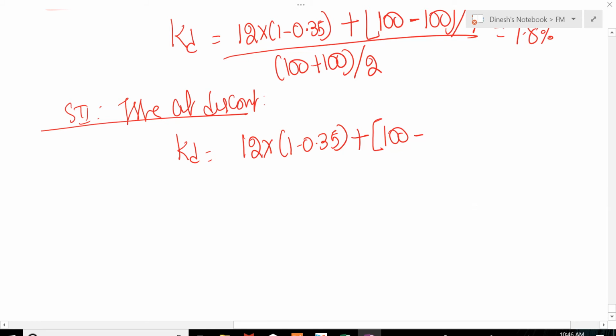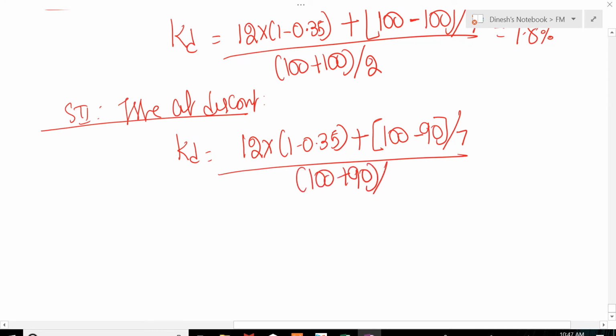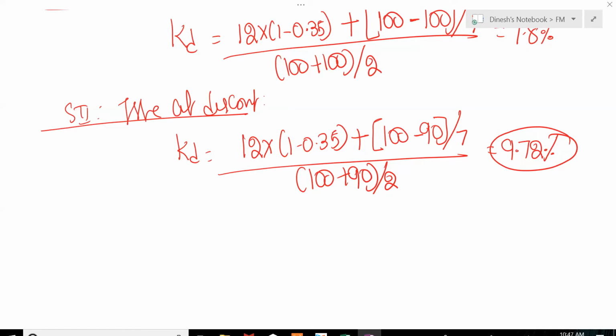It's 100 minus 90 divided by 7 divided by 100 plus 90 by 2. Any doubts in this?